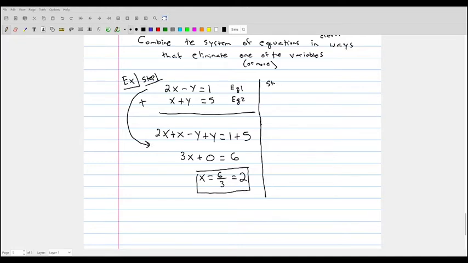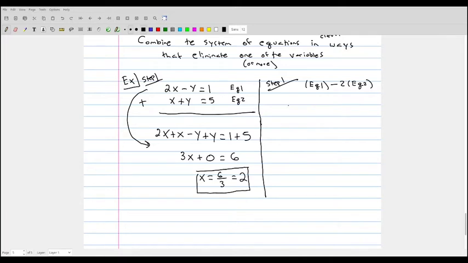When solving for y, it's a little bit more complicated, but it's not that much more complicated. What you'll notice is if I take and I add together equation 1 minus 2 times equation 2, or I subtract 2 times equation 2 from equation 1, then I'm going to get the following.